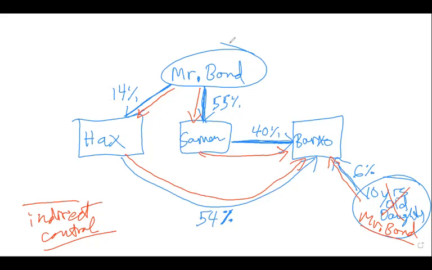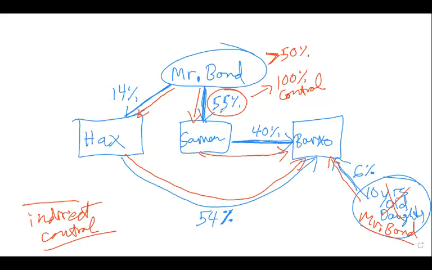So from Cernin to Barksdale, we have 55% of Cernin. 55% of Cernin is equivalent to 100% control. What that means is anything over 50% is going to be 100%, right? You don't need 99% of the votes in order to make the decisions. All you need is 51%.